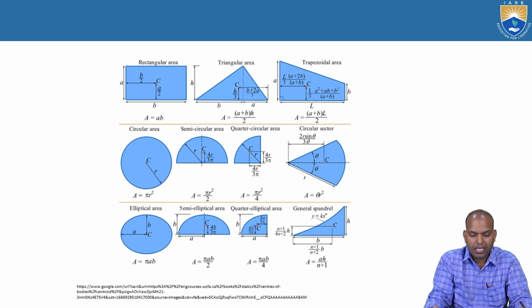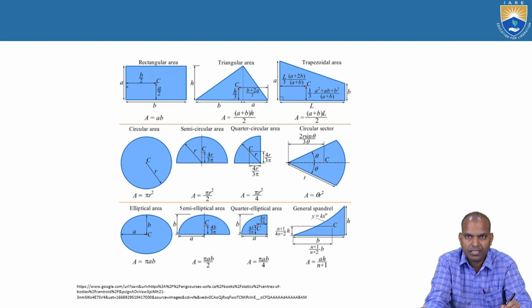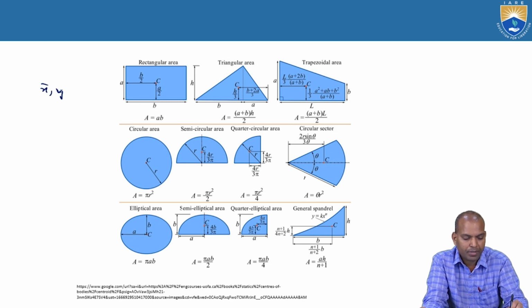Okay, these are the various types of sections. Consider here the rectangular area. In this case, a is the height and b is the base. So what is x bar comma y bar? With this reference axis, it is b by 2 comma a by 2.